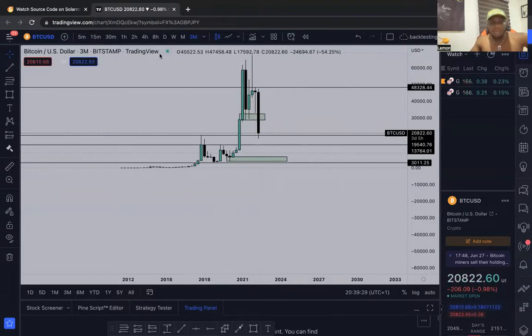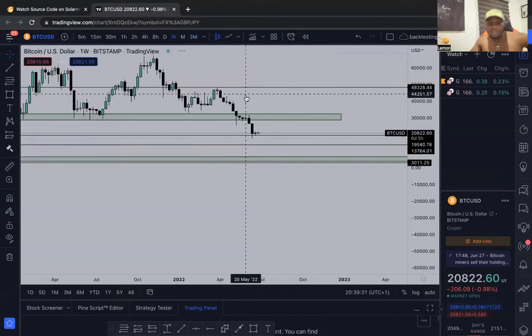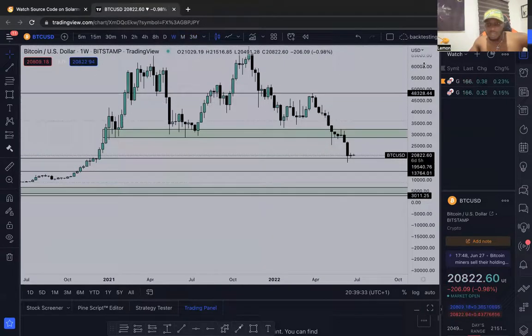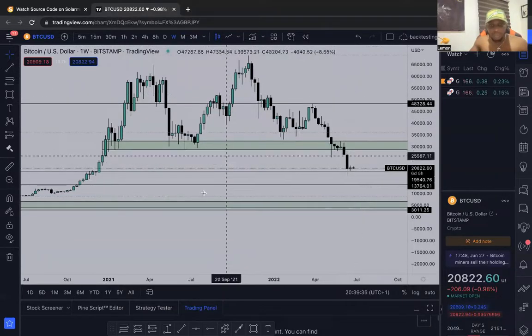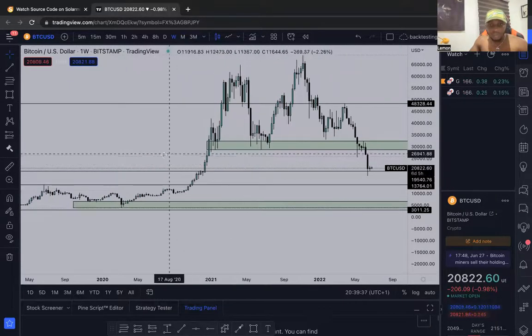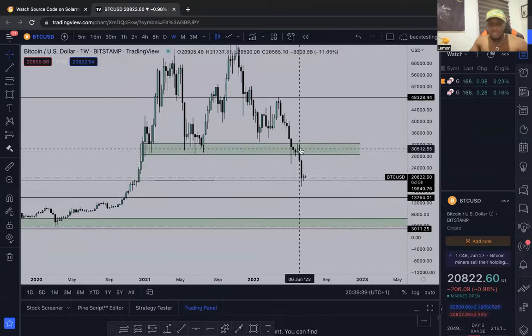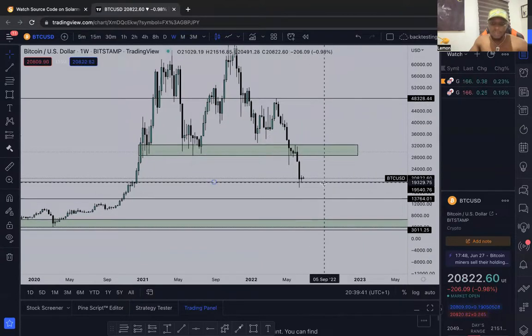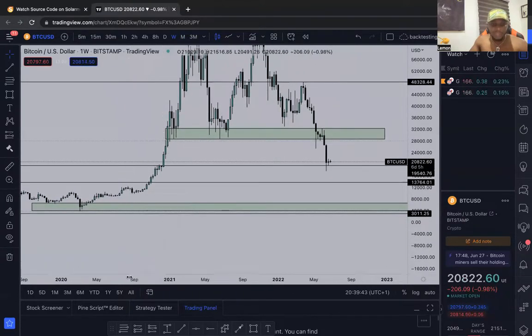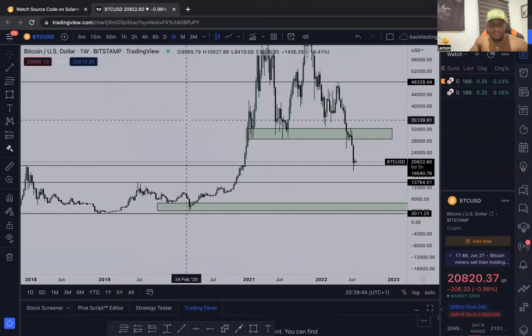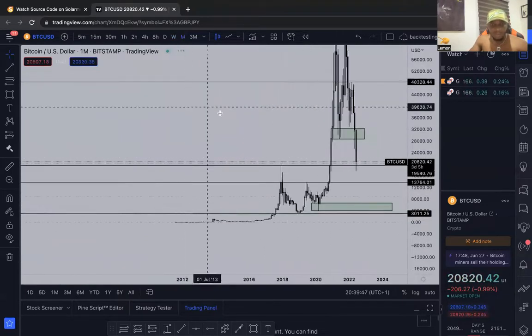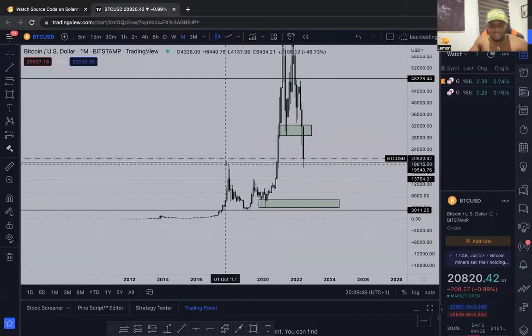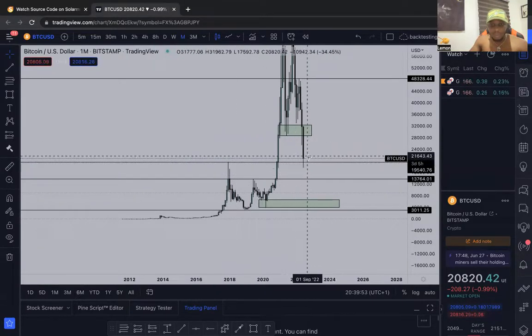But if you go back to our weekly and check what's happening on the markets, you can see we have a weekly supply zone here. If we start reacting at this zone, let's go to our monthly. This was a resistance. We broke the resistance zone, came back, and now we are retesting it as a support.